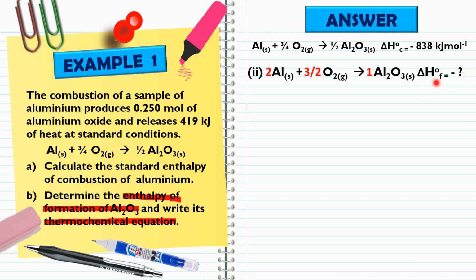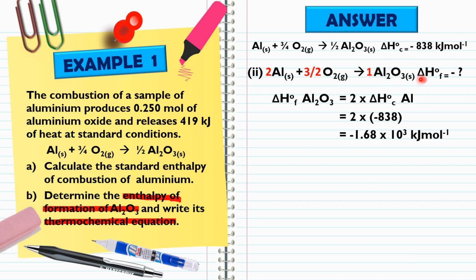When we compare both thermochemical equations, we notice that half, or 0.5 mole, of aluminium oxide releases negative 838 kilojoule per mole. For the enthalpy of formation, we want to find the formation of 1 mole of aluminium oxide. So therefore, you just times 2 the delta H naught c from the previous calculation.